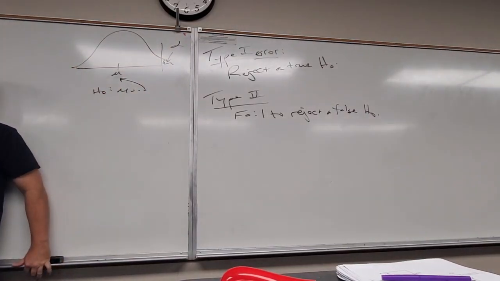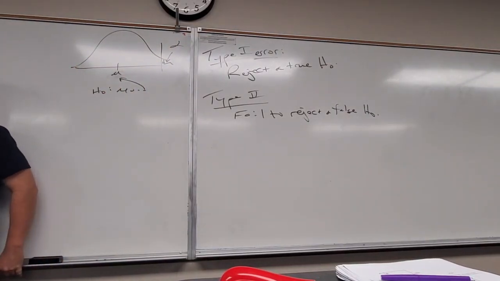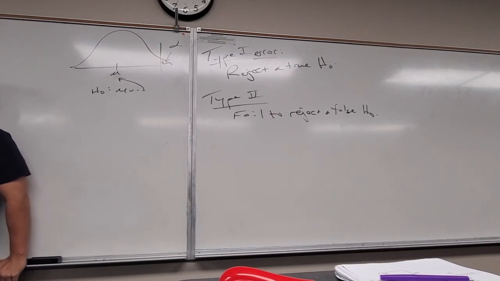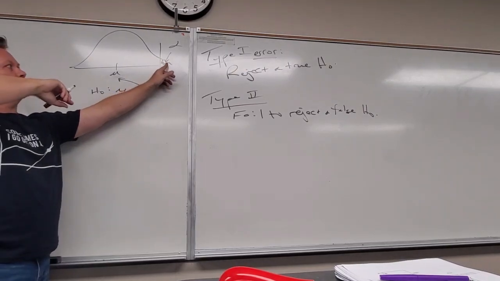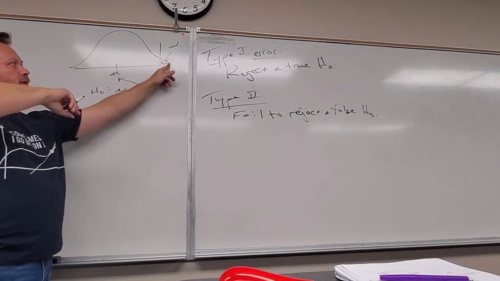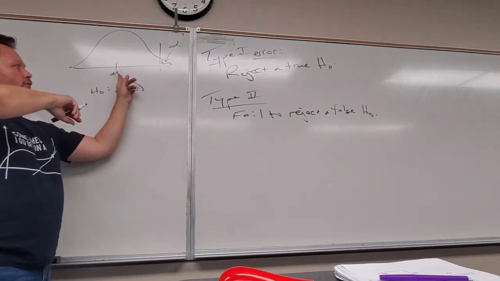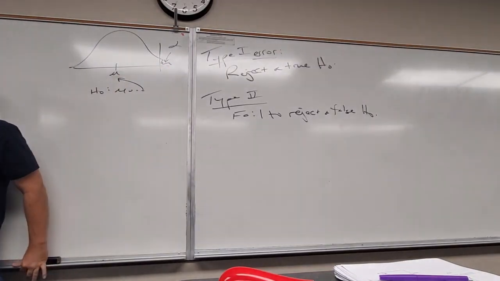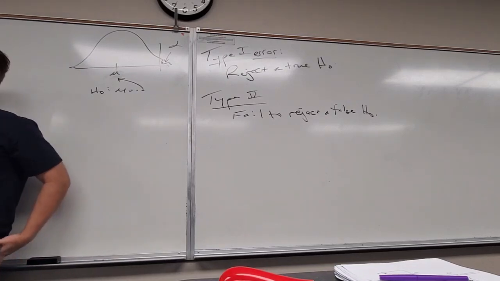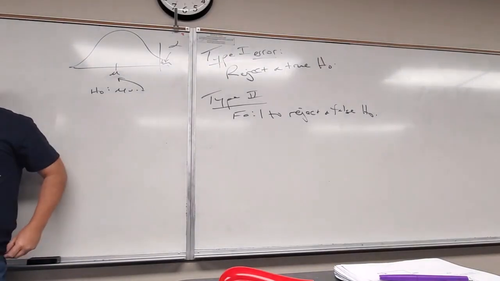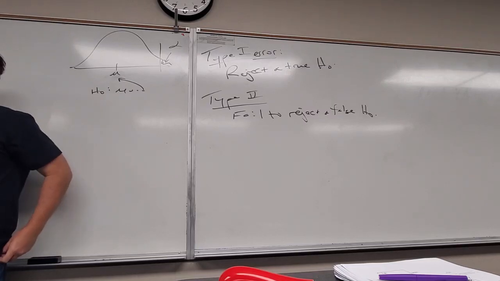So everybody sort of with me? All right. Okay. So, what's the probability that I get a sample here if that really is the real mean? I haven't given you a number, but who cares?